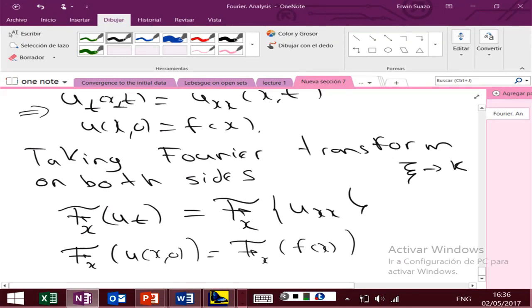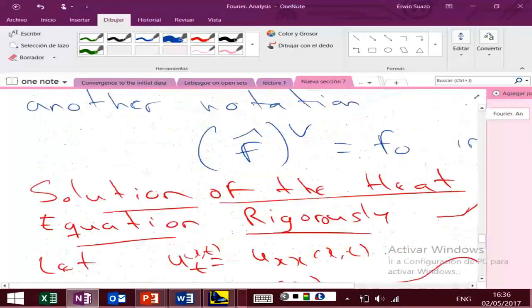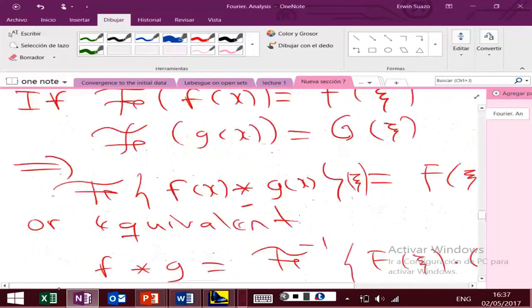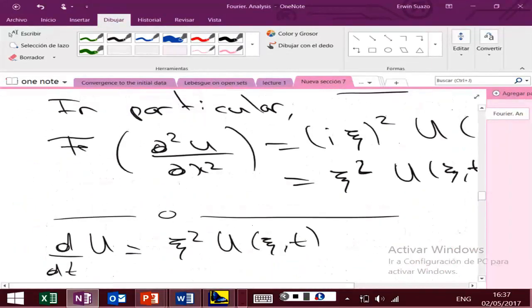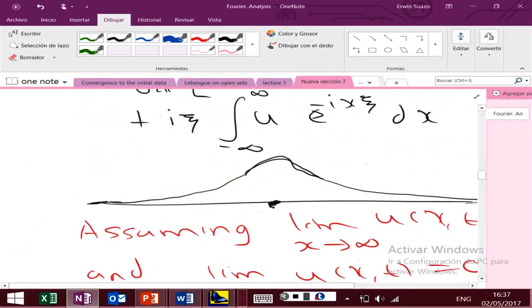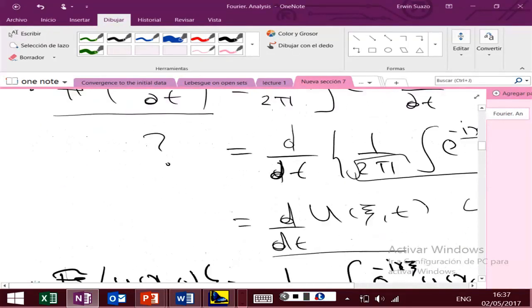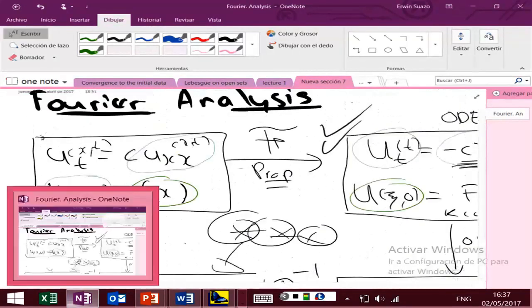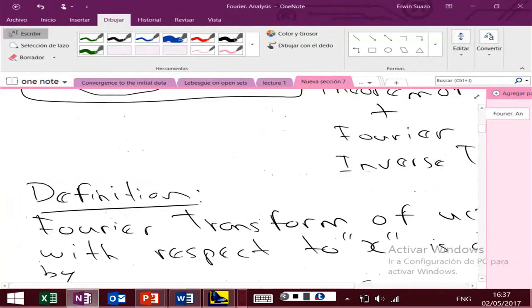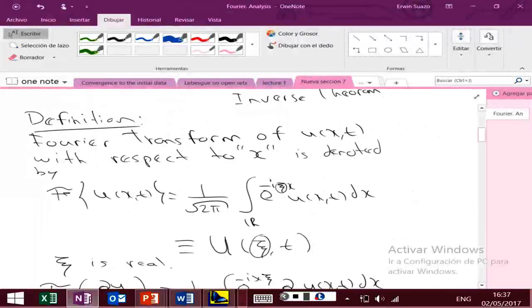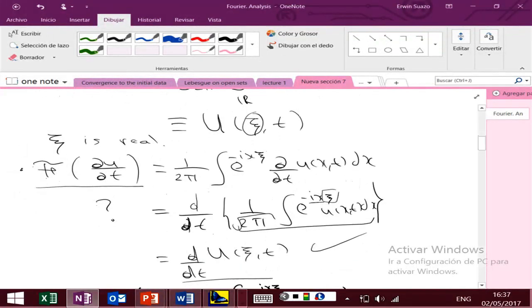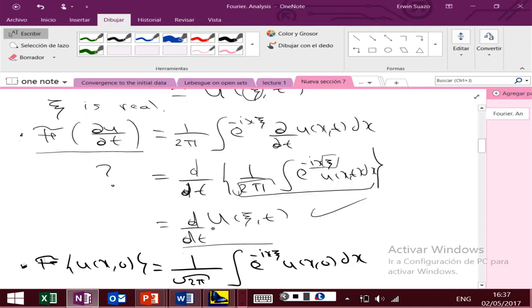But last class we learned a couple of things. Let me show you so you don't think I'm lying. We proved that the Fourier transform of the derivative with respect to time is the derivative with respect to time of the capital U, the Fourier transform.